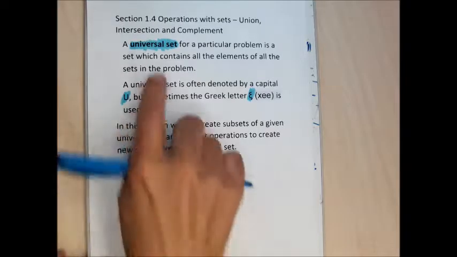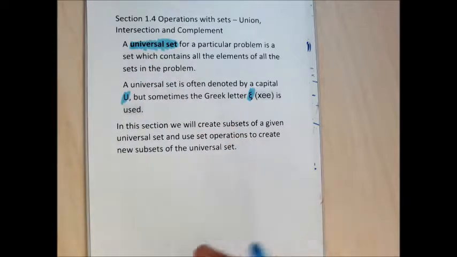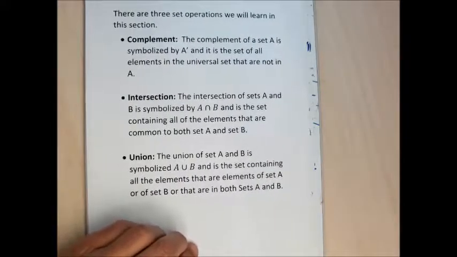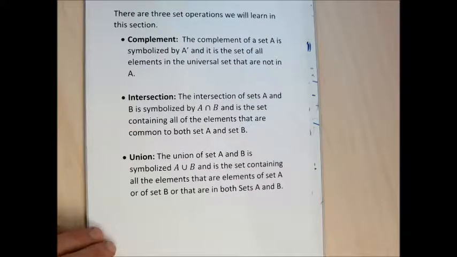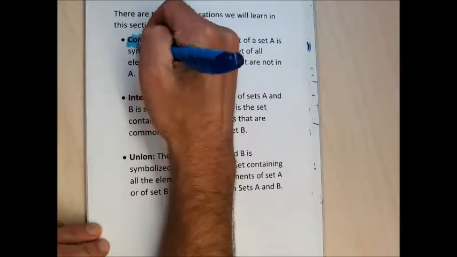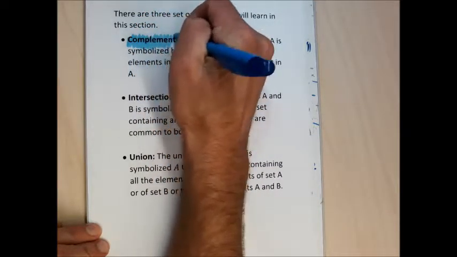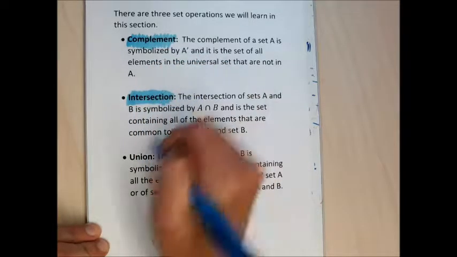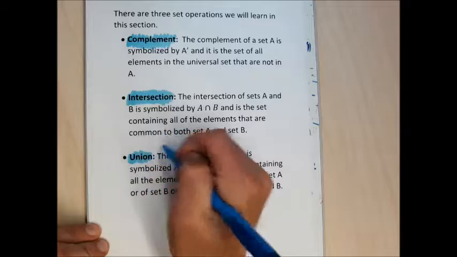So a universal set is just some global set that we're going to take and form subsets from, and then we're going to take those subsets and form them into other sets. There's 3 operations that we're going to learn in this section. And those operations are complements of sets, intersection of sets, and unions of sets.